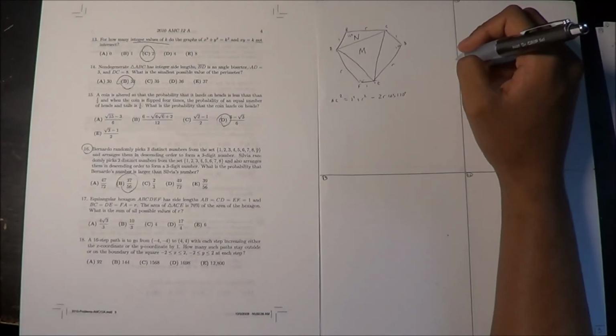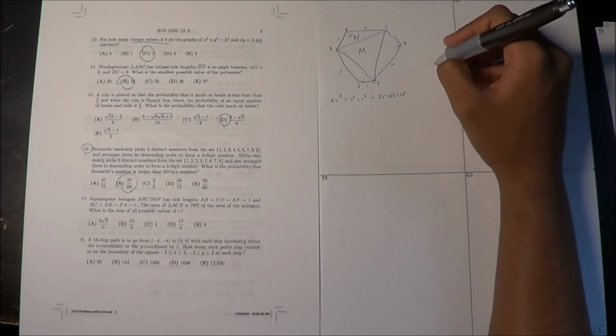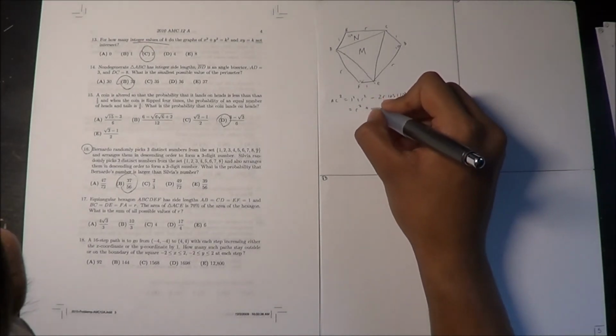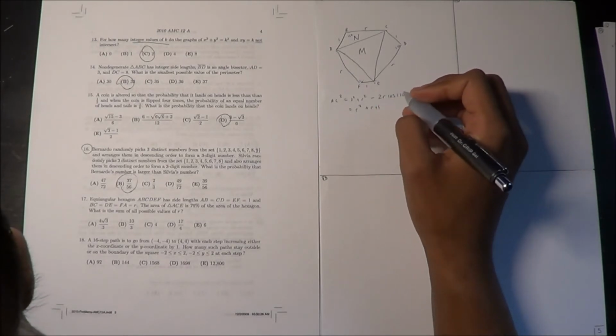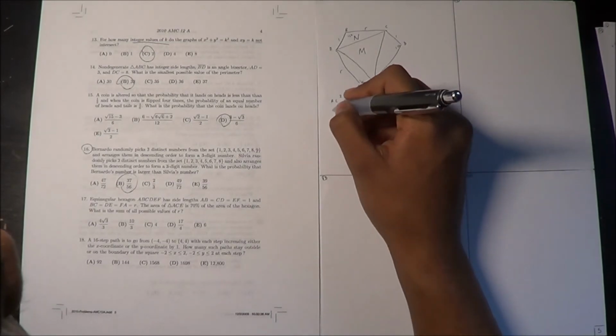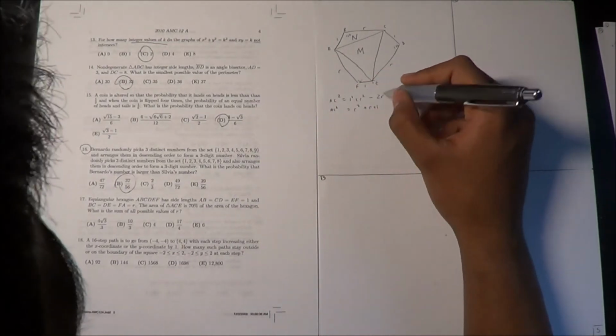Cosine of 120 is negative 1/2. So R squared plus R plus 1.